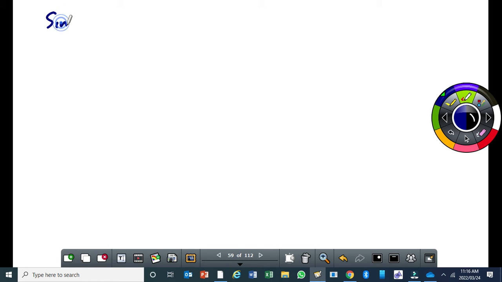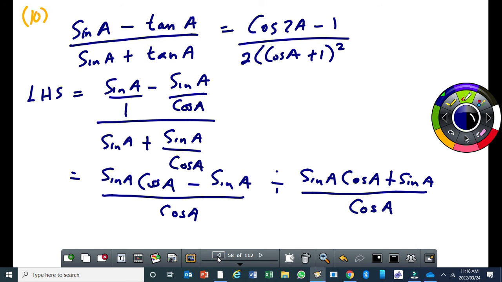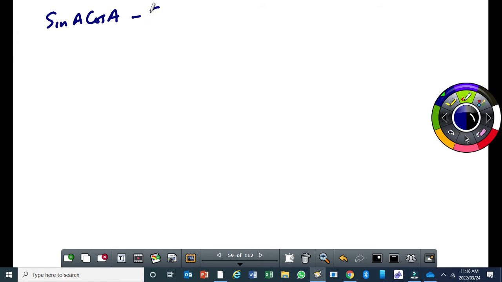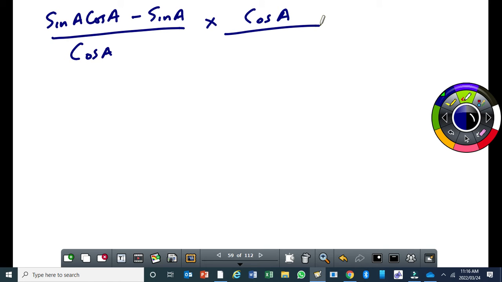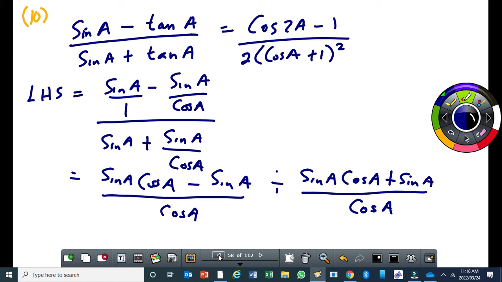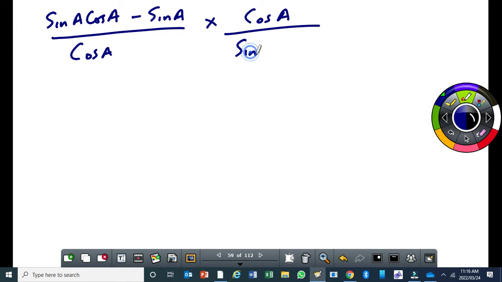I'll get sine A times cos A, right? Minus sine A over cos A times cosine of A divided by sine A times cos A. So this will be sine A times cos A plus sine A. Right?